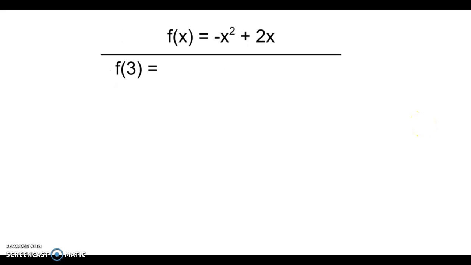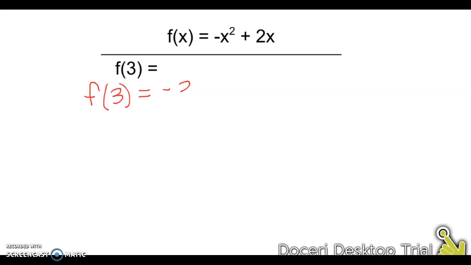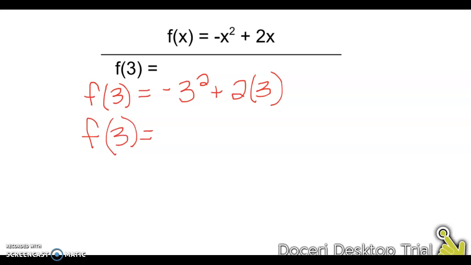I want you to try this one on your own. I want you to pause the video and work out this problem. So we're going to work through this problem now. The function f evaluated at 3 is equal to negative 3 squared plus 2 times 3. So you have to be careful.